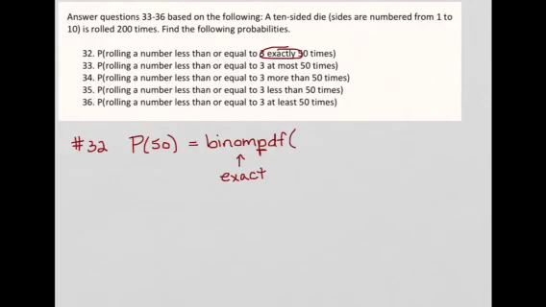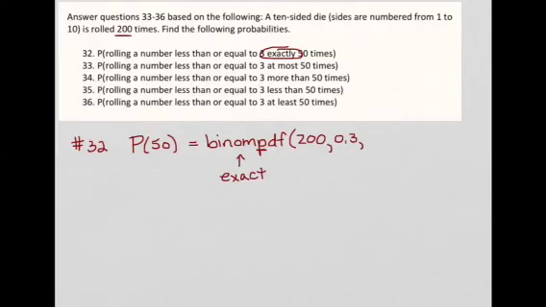Okay, so we're going to do Binompdf. First we put in the number of trials. Well, we're going to roll the die 200 times, so number of trials is 200, comma. Probability of success, it's a 10-sided die, and we want to know the probability of rolling a number less than or equal to 3. So that would be 1 or 2 or 3. There's 3 choices out of 10, so 0.3.